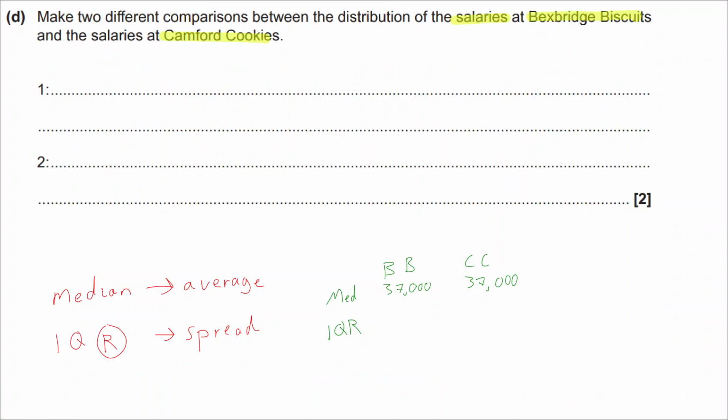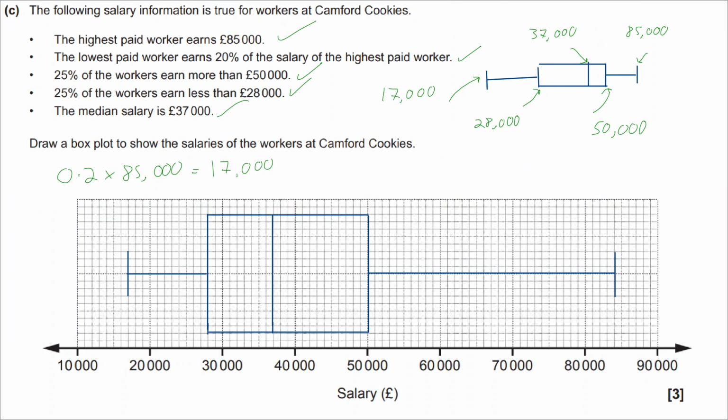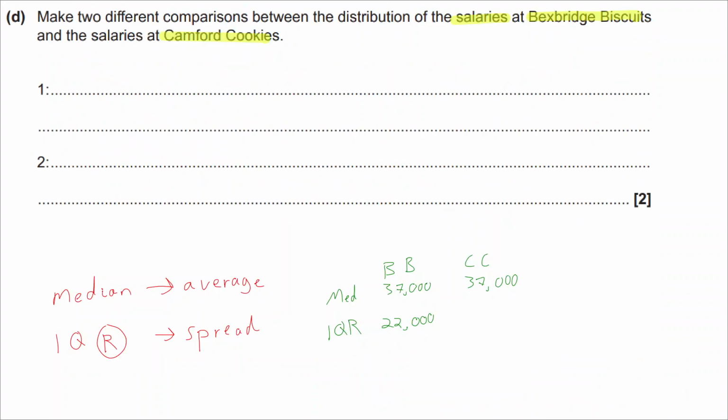So 22,000. And then for the cookie place, the interquartile range is 50 grand take away 28 grand, which must be 22,000. So that's going to be £22,000. Are they both the same? That can't be right.